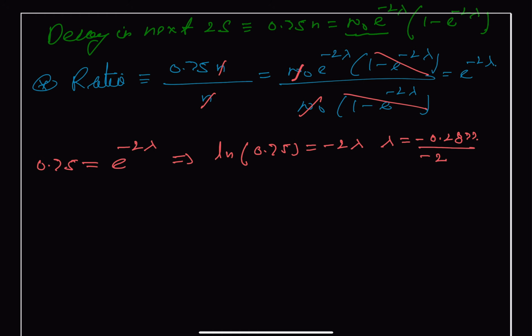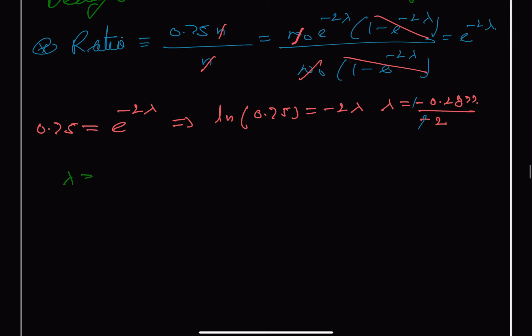Obviously minus and minus goes away, so we get lambda equal to 0.14385 per second. So we got the value of lambda.